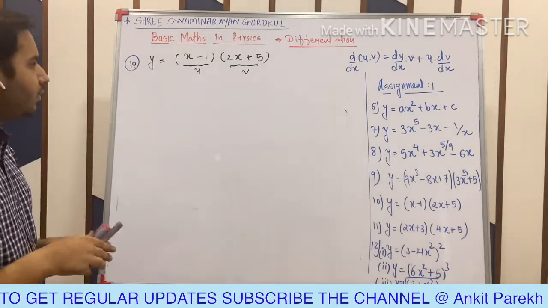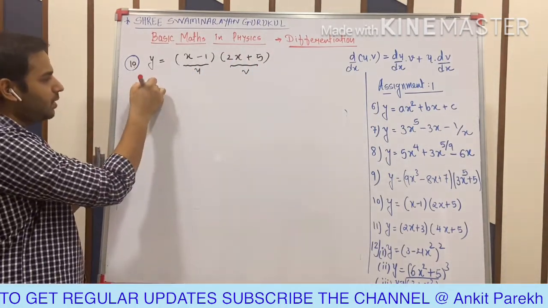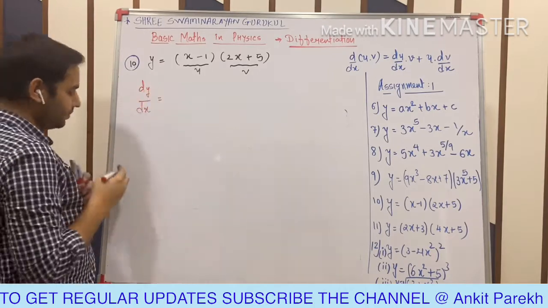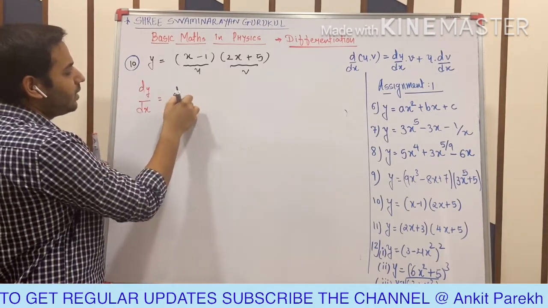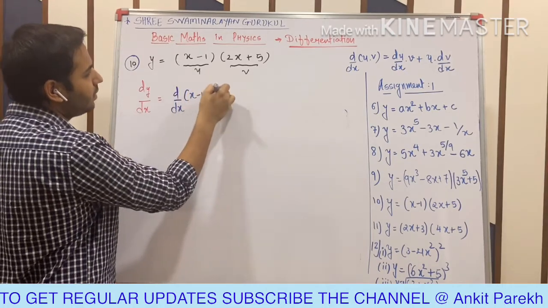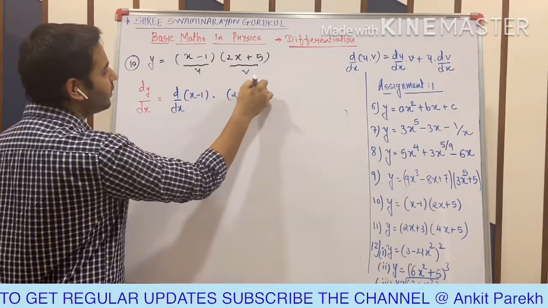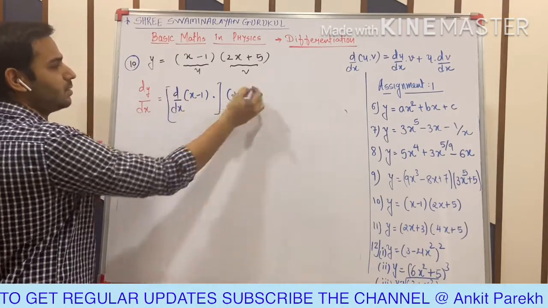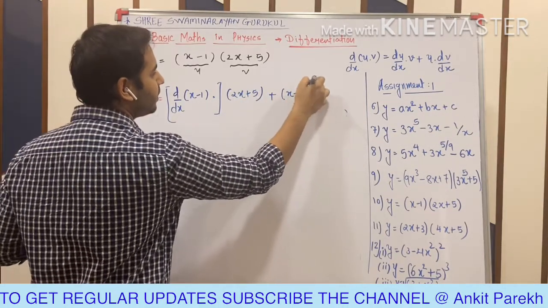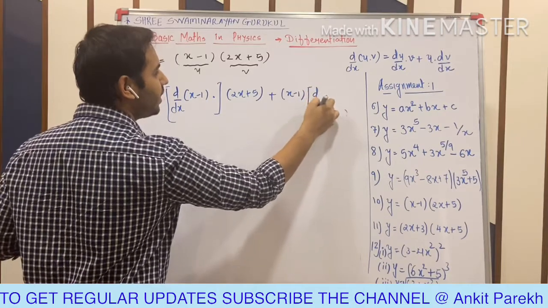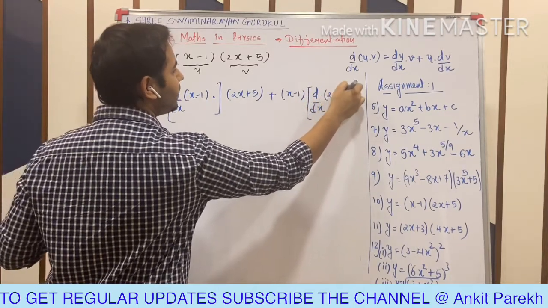Substitute the value in that formula. dy by dx, d by dx of x minus 1 into 2x plus 5. Second term as it is plus x minus 1 as it is into d by dx of 2x plus 5.